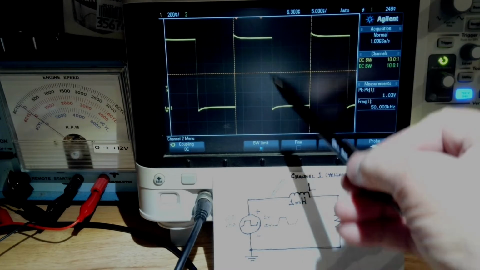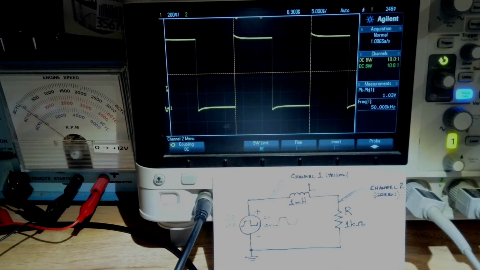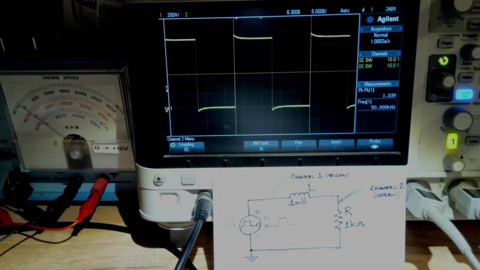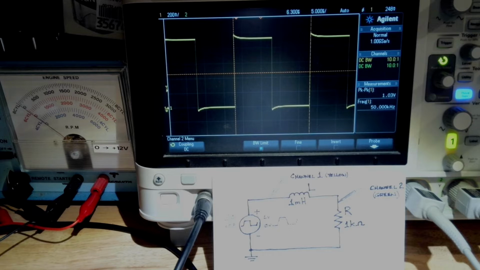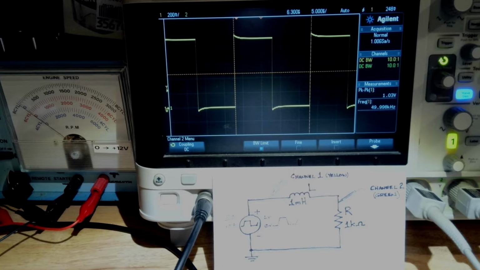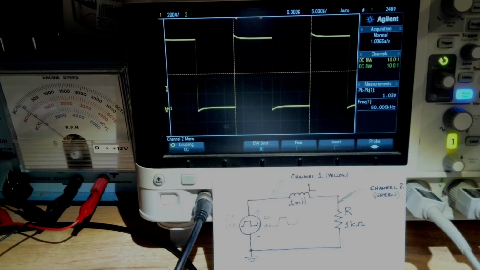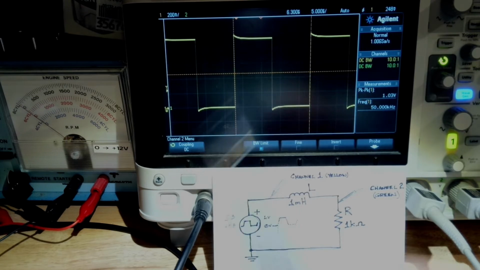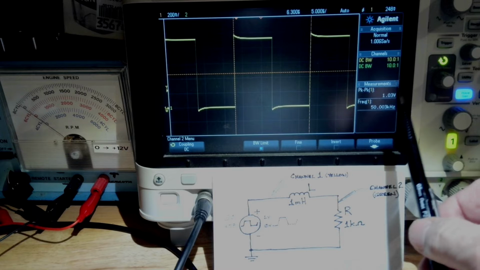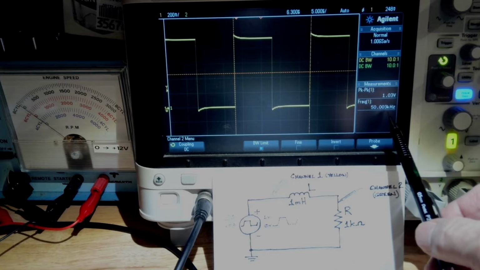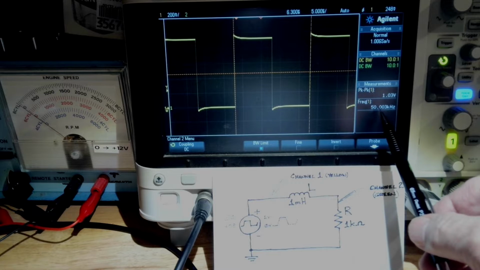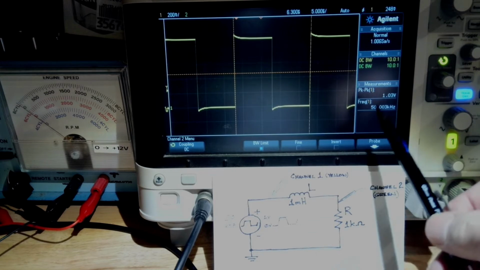You can see we're not quite making it all the way to 1 volt. But that's the precision that we need, it doesn't have to go there. Also, you can see over here it says frequency 50 kilohertz, and it's continually measuring it, and sometimes it says 49.999 or whatever.